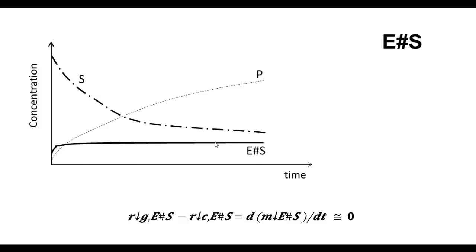That's not happening here, and therefore this can be put as equal to 0. This is the same equation as earlier. The generation rate of enzyme substrate complex minus the consumption rate of enzyme substrate complex from the material balance equals the accumulation rate of the mass of enzyme substrate complex in the system, and since there is no change in concentration, that goes to 0.